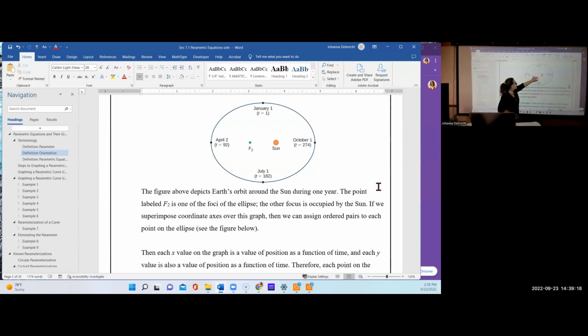We have one focus point here, and the sun is at another focus point. So we have 2 focus points inside of an ellipse, and then we've got the major axis here, and we've got the minor axis here. And so when we're looking at this particular picture here, we can see that we could actually superimpose coordinate axes over this graph so that we could have actually, if I can draw it without messing up, the x and y coordinate system.